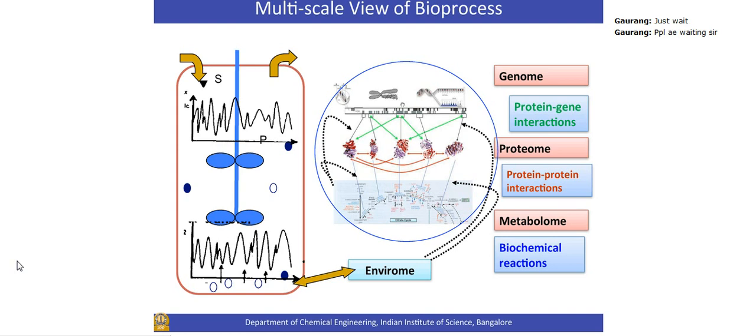So, for example, we have a lot of information organized inside the cell, starting with the genome, which contains all the necessary required information to carry out various processes.